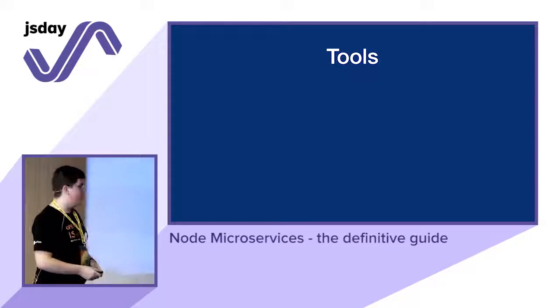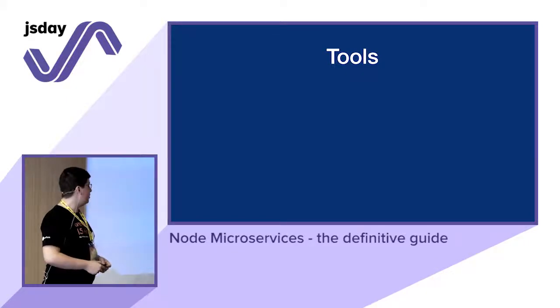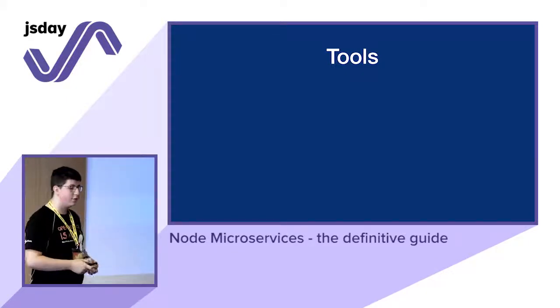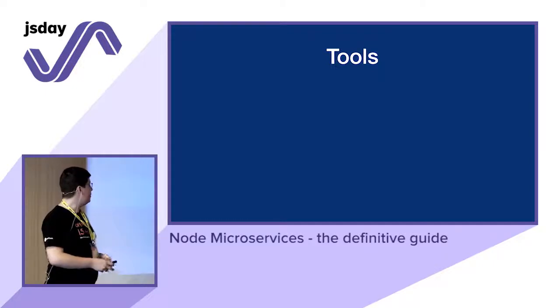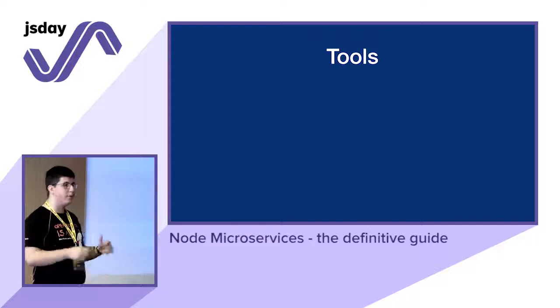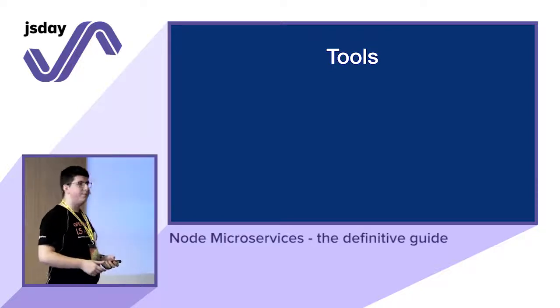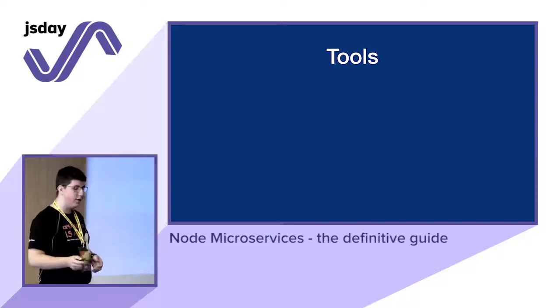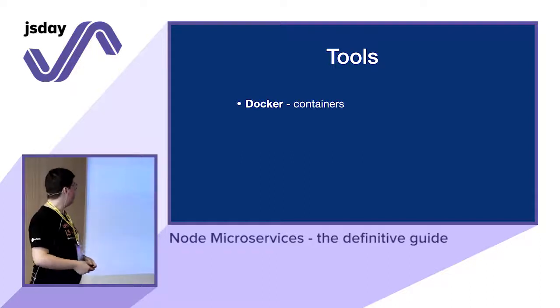So here we are. Now we know what a small basic service looks like. Here are some tools that we need to add to Node.js to make the whole microservice architecture work. The first thing is Docker.